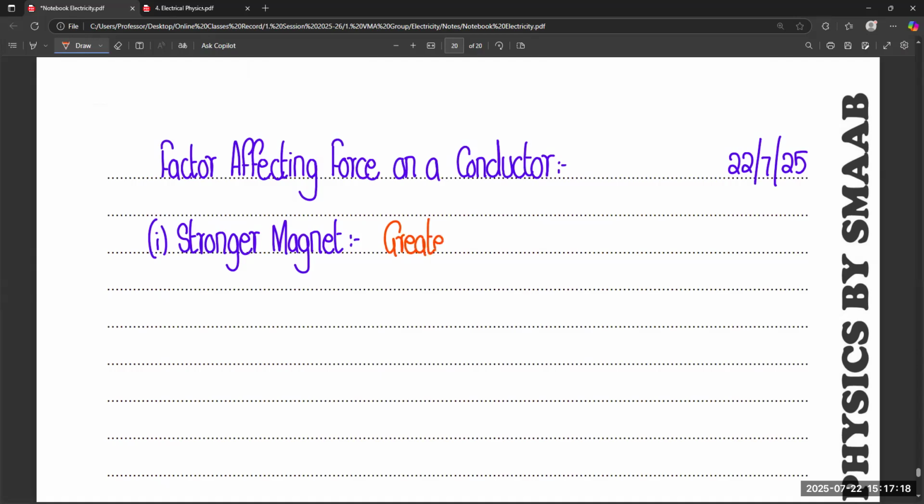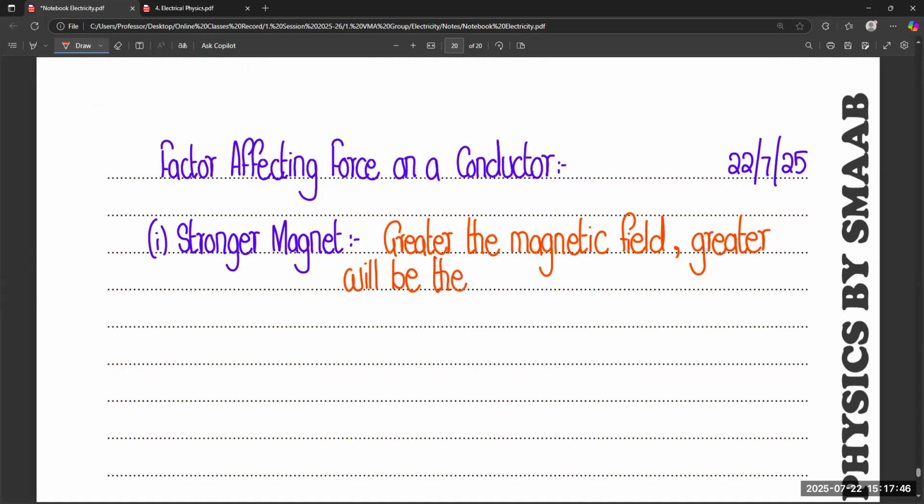So the greater the magnetic field, the greater the force.